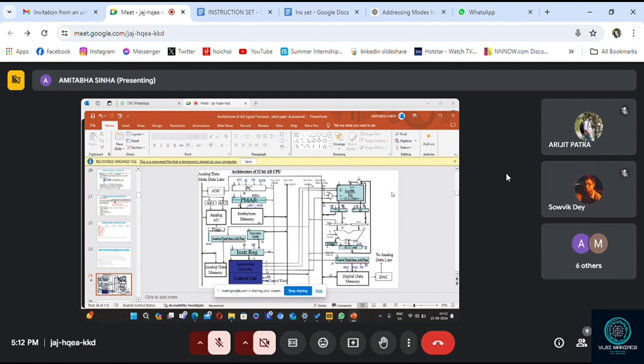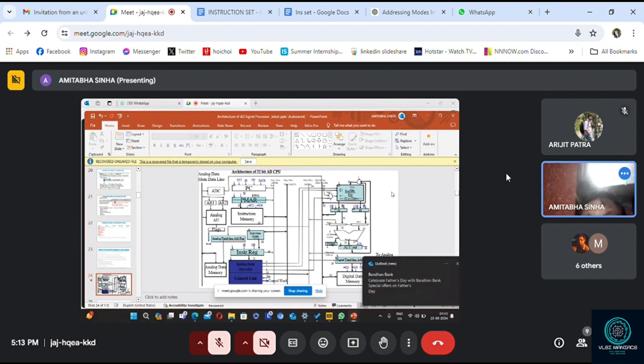Yes, sir. So PMAR stands for Program Memory Address Register. What will be the size of this PMAR? 24-bit. In fact, I can tell you one thing: you take this diagram in front of you and keep asking questions, and all these answers you will get automatically.